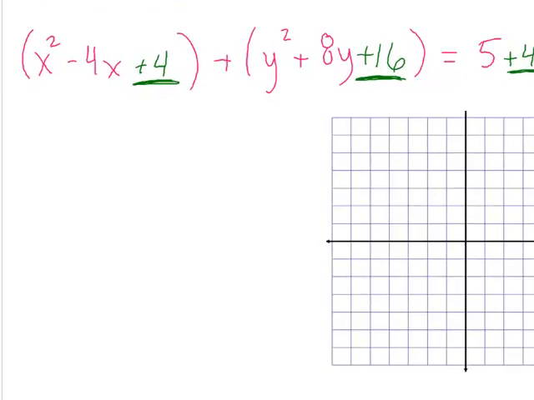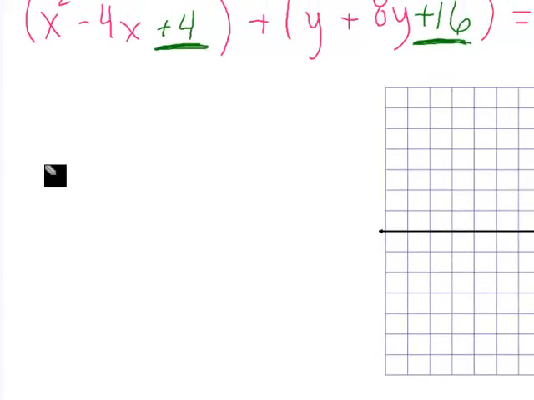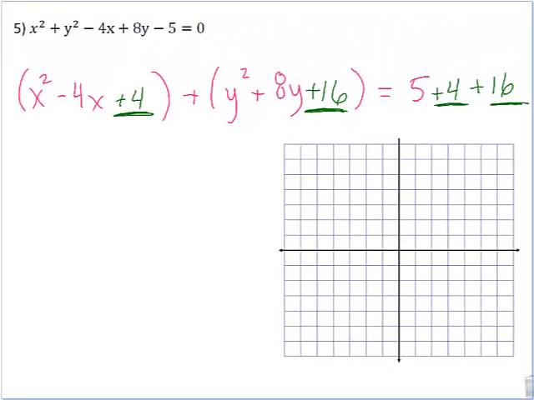Okay, so now what do we have? All right, so what's our equation? This first one will be x, good, x minus 2 squared plus, what will our y's be?